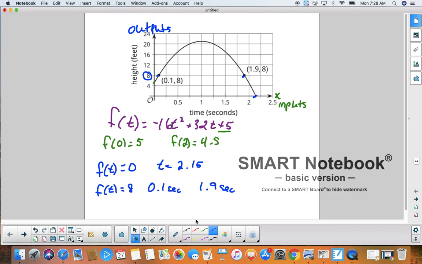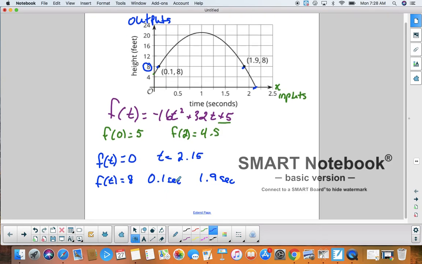Okay, so that's how you can use x values to find y values and how you can find y values to find x values. But it's all done by estimation. And ultimately, what we'd like to be able to do is find exact values, right? So if we wanted to know exactly when is this ball going to be 8 feet off the ground, we would have to solve this equation.